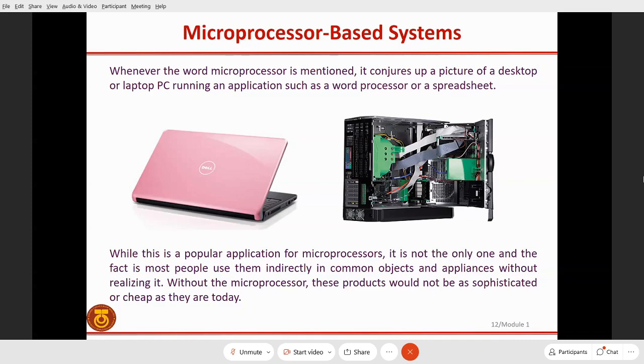So you write a program, you connect the sensor to your microprocessor, and the sensor will be read by the I/O port, the input output port, meaning that it is being sensed.